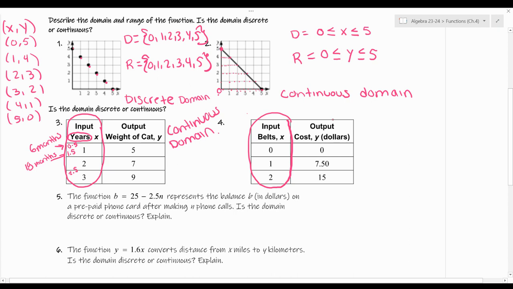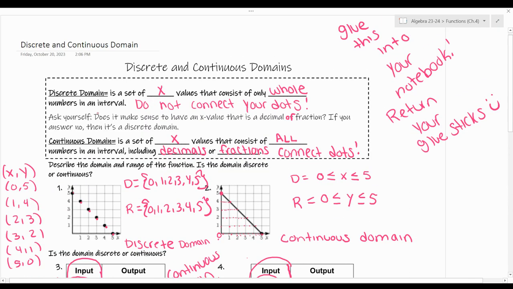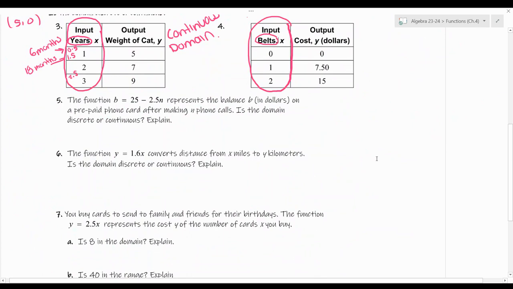Let's see about number 4. Number 4, our x value, our input, are belts. It's the number of belts. So the thing that holds up your pants. We're going to ask ourselves the question above. Does it make sense to have an x value that is a decimal or a fraction?